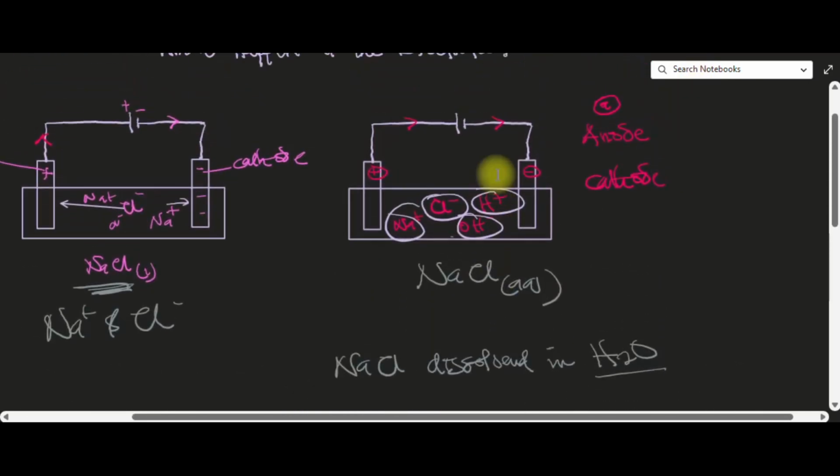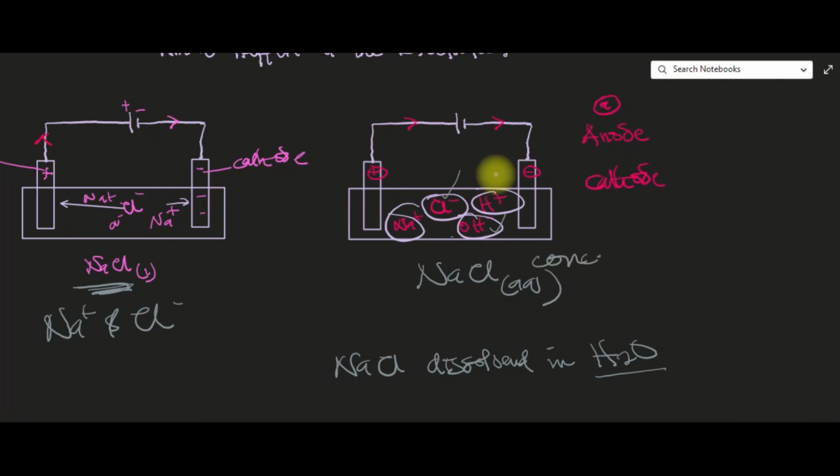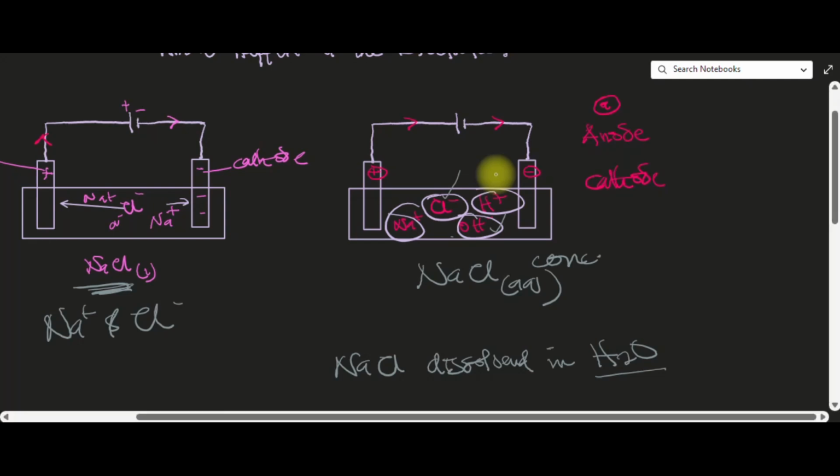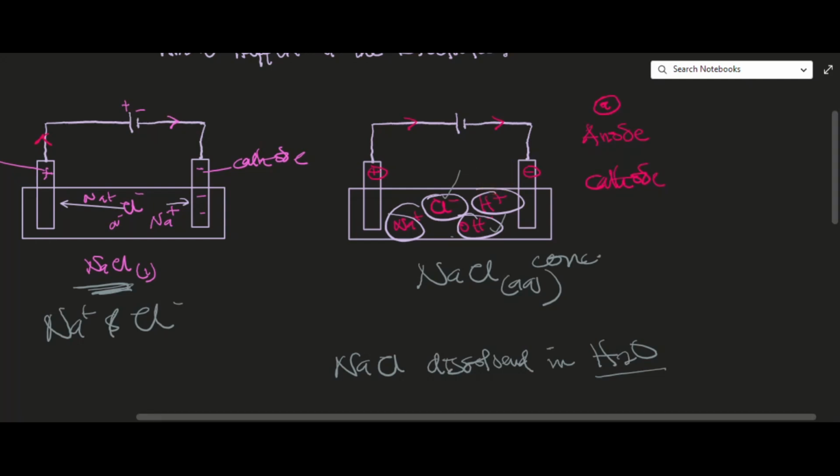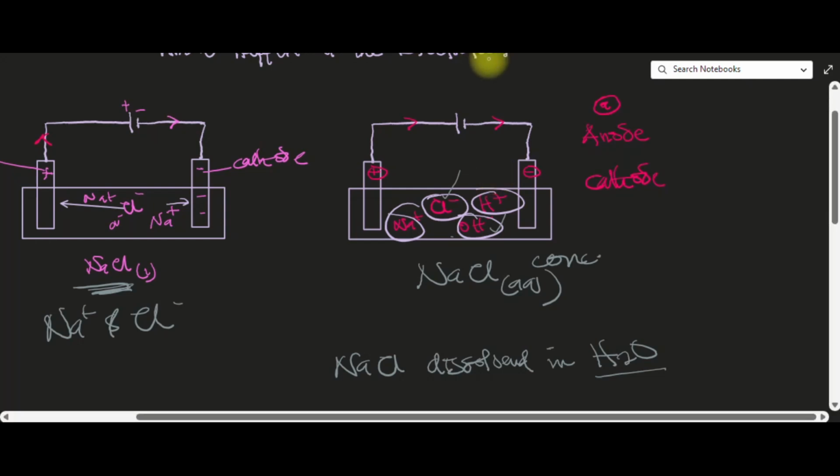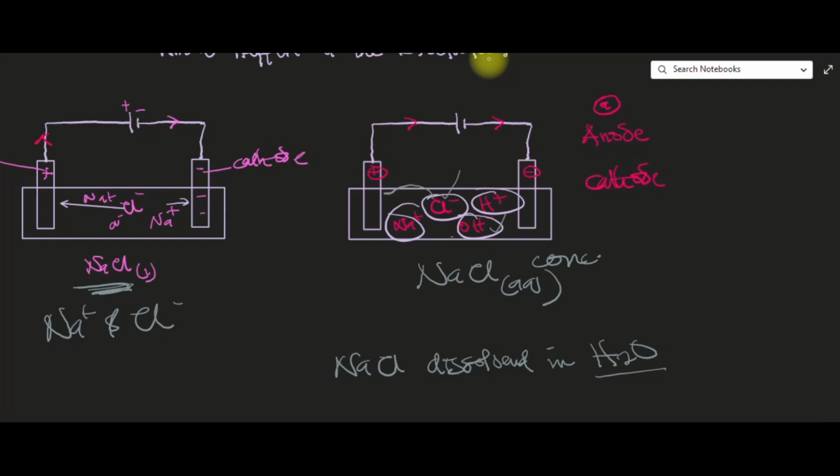Remember, the competition is between the chloride and the hydroxide. If this solution is concentrated, it means you have concentrated chloride ions in the solution. Because chloride ions are more concentrated than hydroxide ions, they will be discharged at the anode. So that is rule number one.